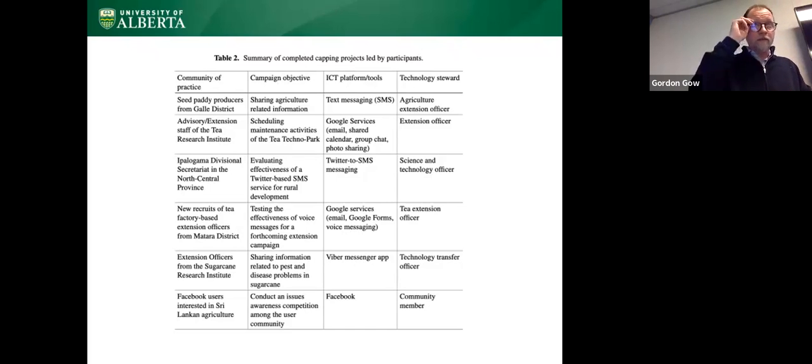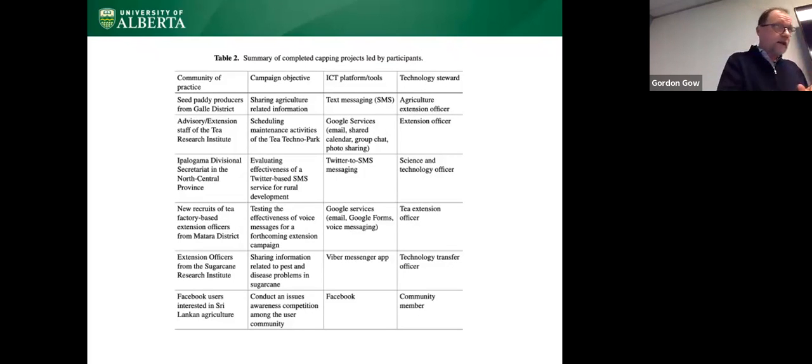And that capping project report could be a document. You could do a photo voice thing, take some pictures, annotate them. So we got a mix of documents and images and really an interesting collection of reports. Some of them did one activity out of the workbook. Some of them did a couple of activities out of the workbook.